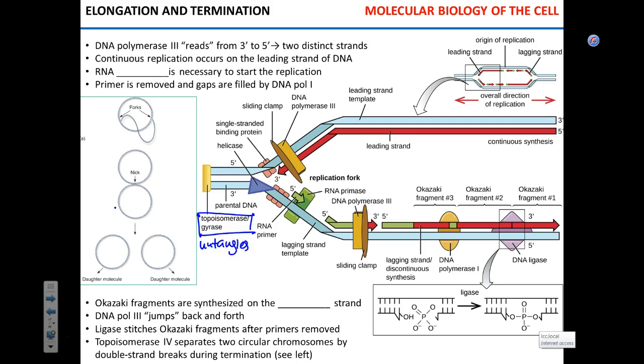It's still double strand. So what do you have to do with the double strand then? Unzip it. It's a helicase. Right? Once you separate two strands, what do they want to do immediately? Yes, they want to come back together, and single-stranded binding protein prevents them from doing so.